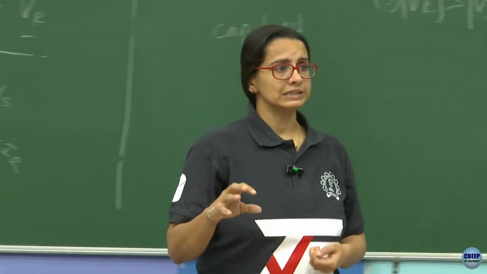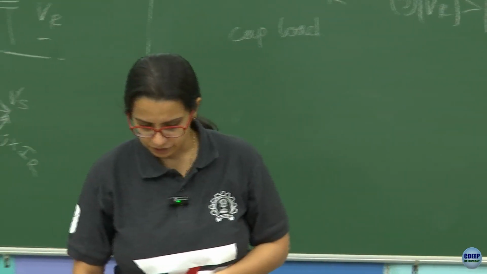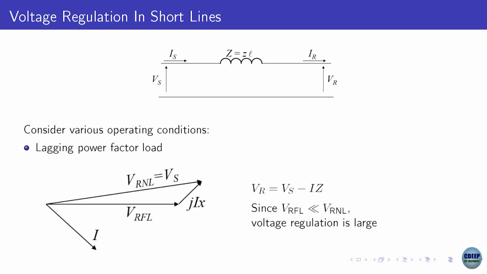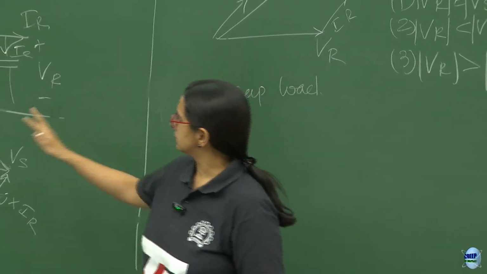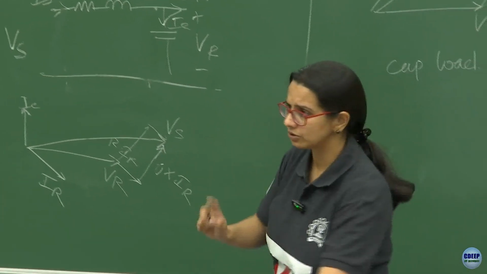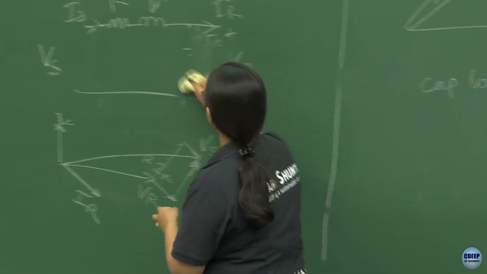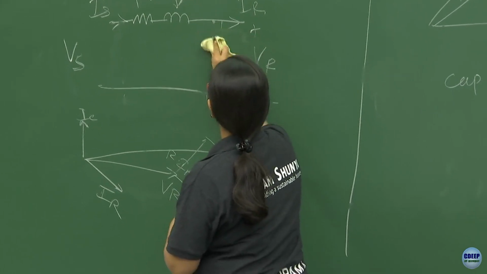Everybody okay with this? All right, so same circuit, let's stare at it now. From this, the next thing I want you to tell me is, what is the power I'm in fact transferring? Forget this capacitor, no longer there, just some receiving end current.